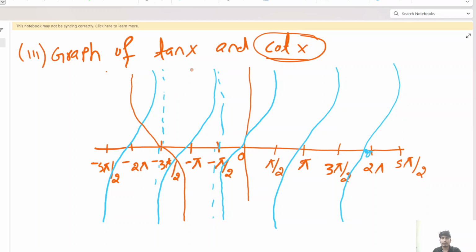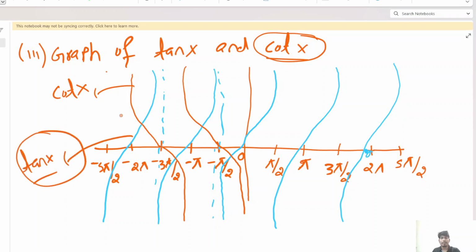So this red is the graph of the cotangent function, and blue is the tangent function, okay. So we have now done the graphs of all trigonometric functions.